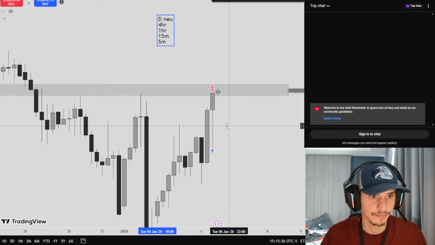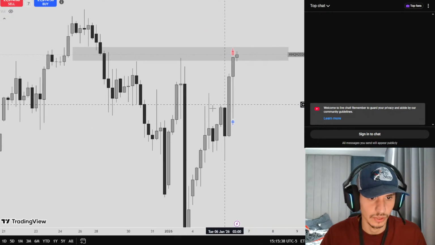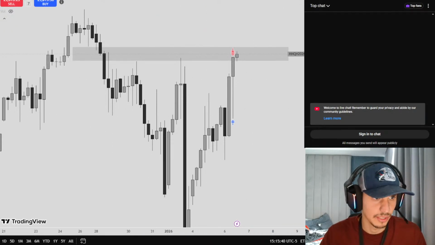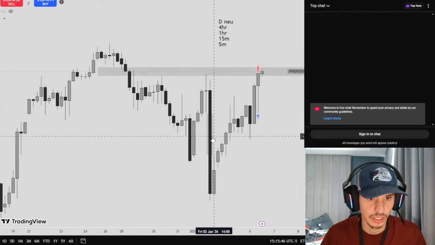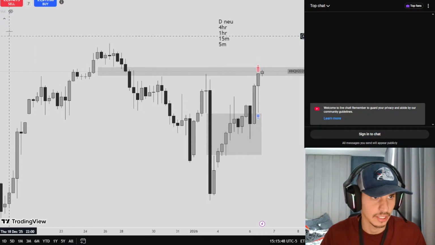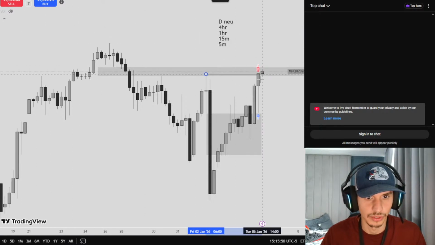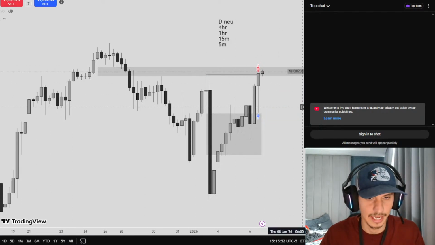On the 4 hour, same deal. We have inversed this 4 hour FVG. The clear draw on liquidity was this high right here, which it ended up taking.